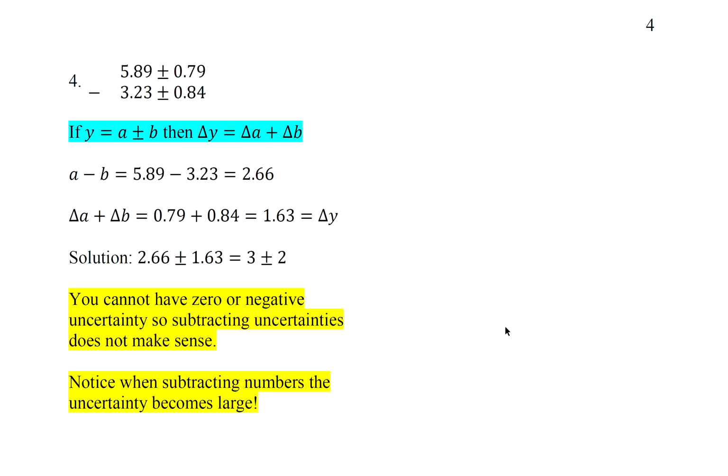You could see it says here you cannot have 0 or negative uncertainty, so subtracting uncertainties does not make sense. And notice when subtracting numbers, the uncertainty becomes large. So our value is 3 plus or minus 2. I mean, that's huge, right? Our values could be between 1 and 5.